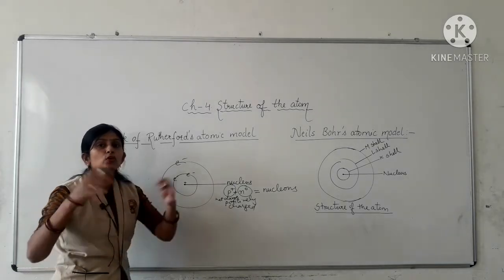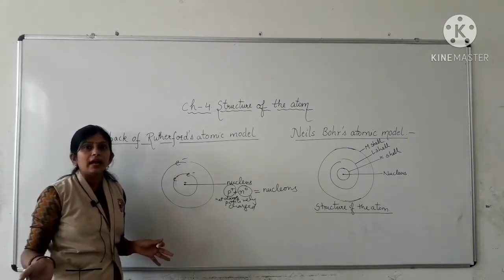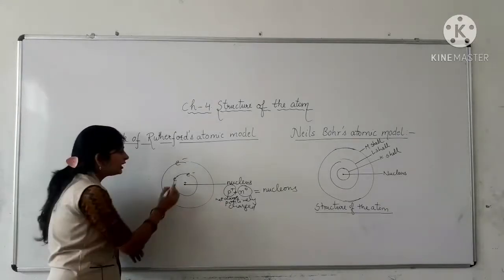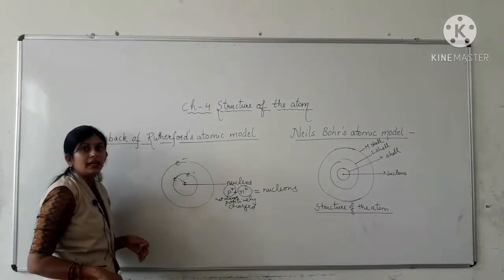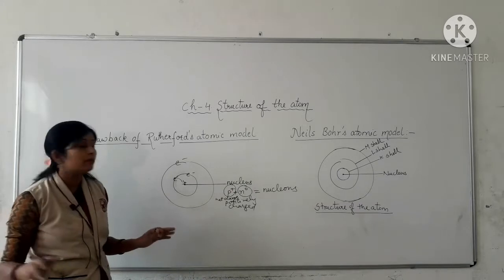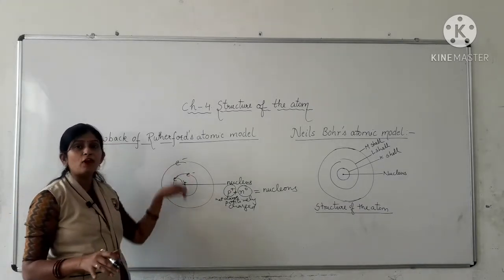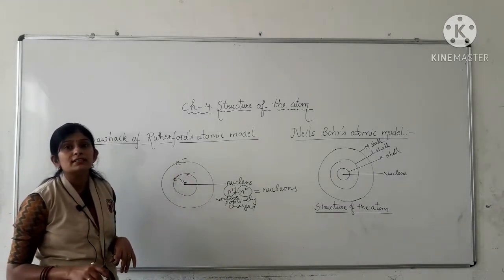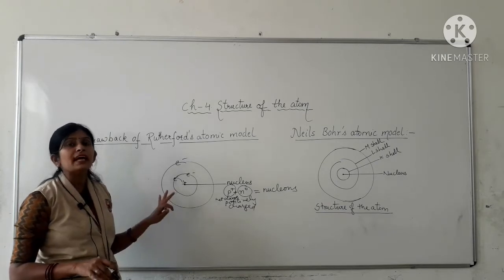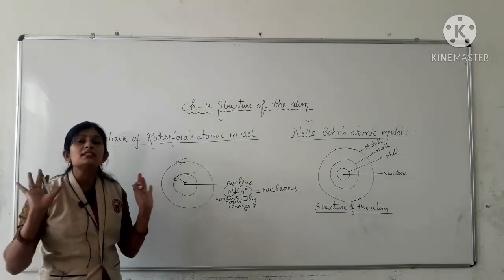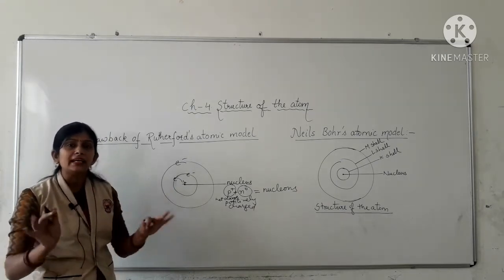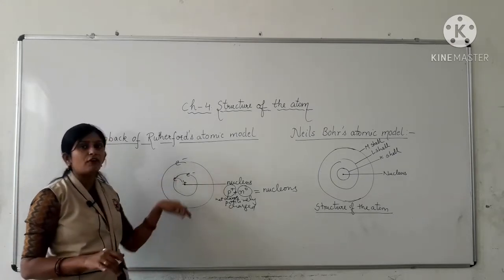Finally, they lose their energy and fall into the nucleus. It means any time these electrons can fall into the nucleus. So, it means the atom is unstable.